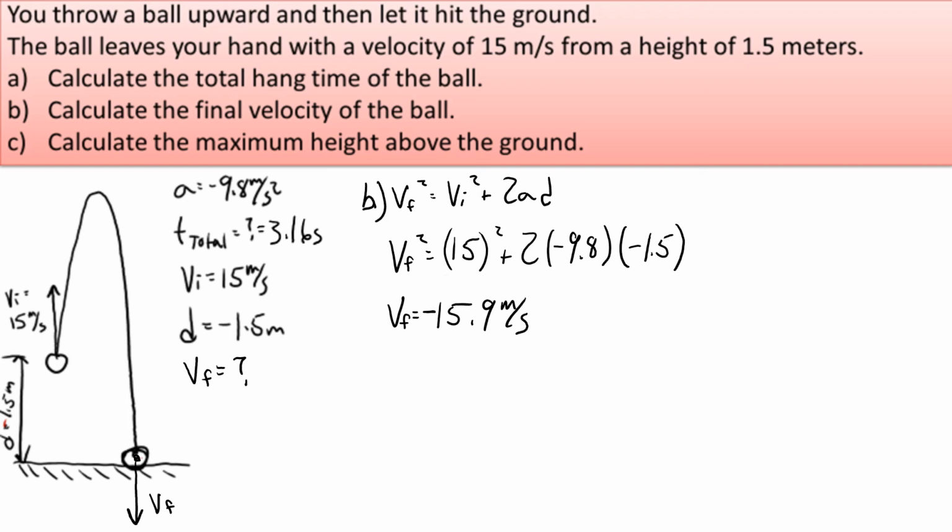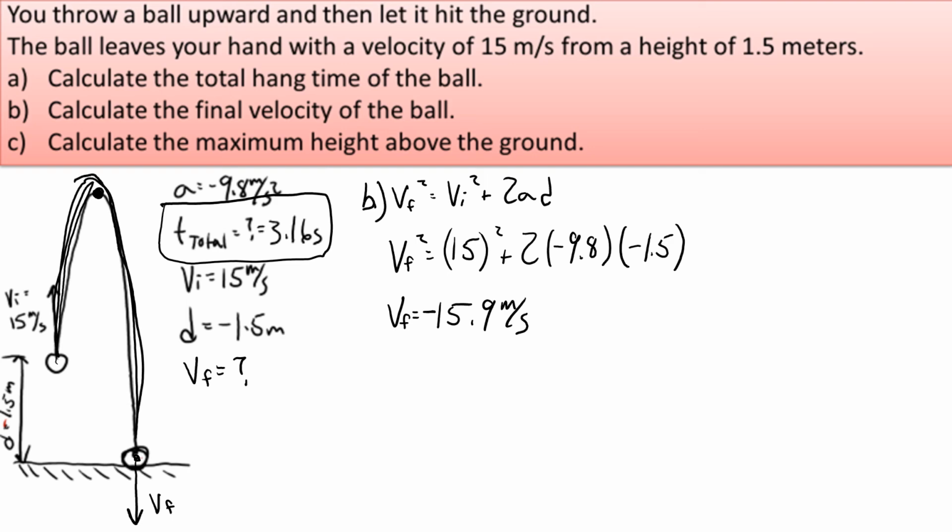Now for part C, and this is the reason why they always ask, what's the maximum height? Because at the maximum height, you have to analyze a little bit differently. You can no longer use your total time because it doesn't take the total time to get to this position. And when it's asymmetric like this, you can't just cut the time divided by 2 like we did in the previous lesson, because it's not equally divided by 2.